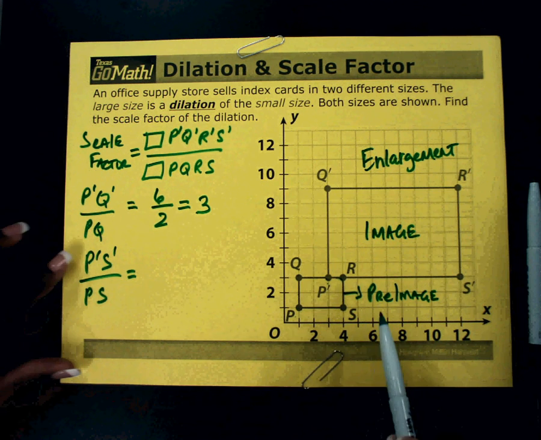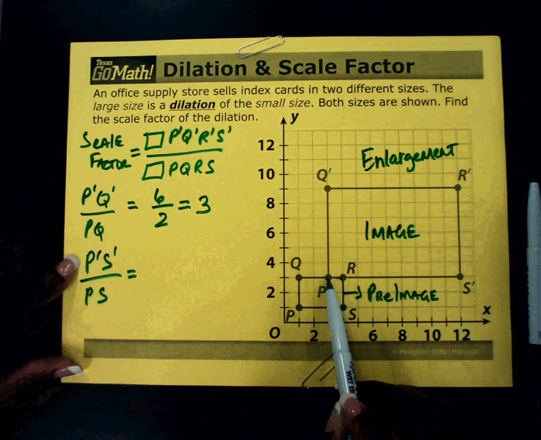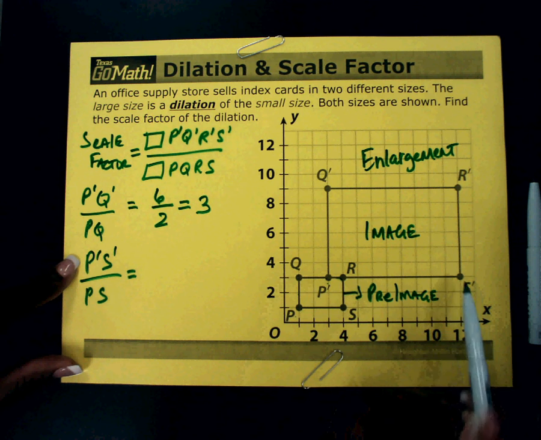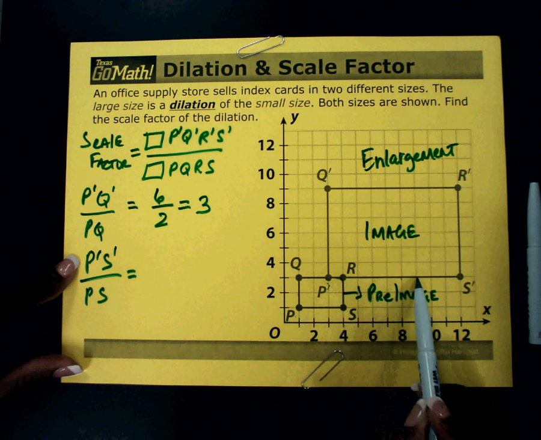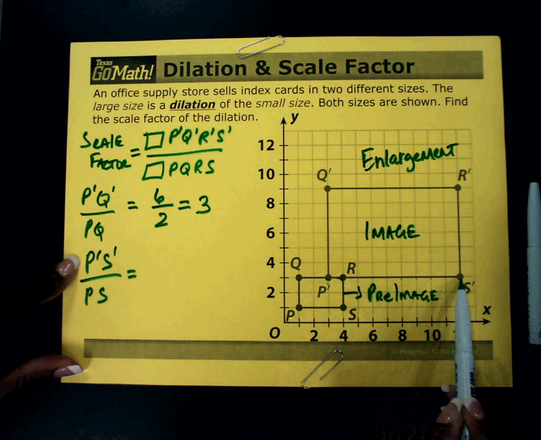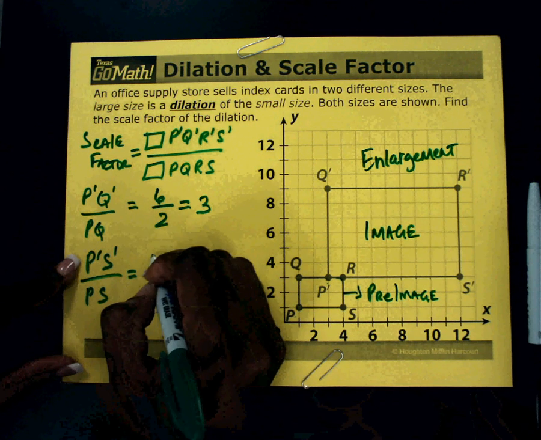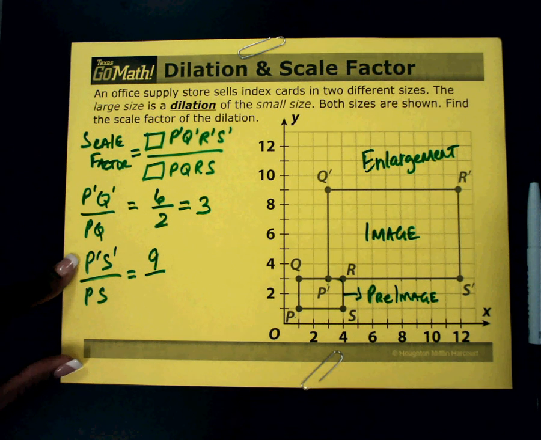Let's start with P prime, S prime. We start here and count the units to here: 1, 2, 3, 4, 5, 6, 7, 8, 9. So the units for P prime, S prime is 9.